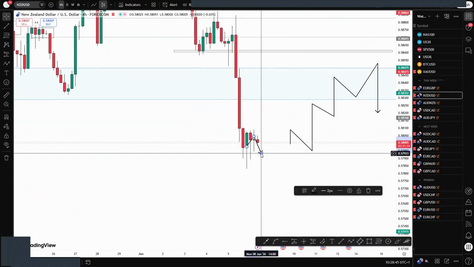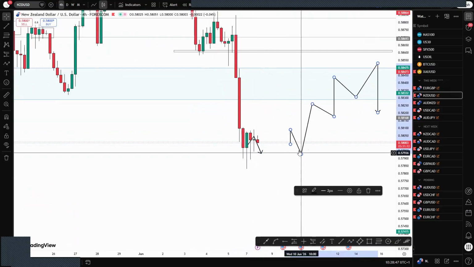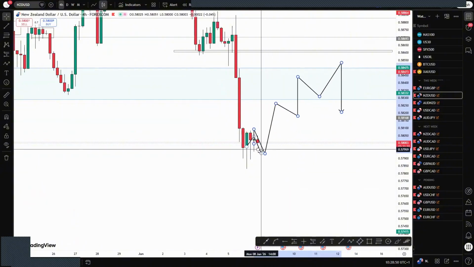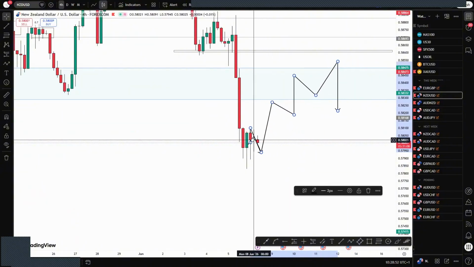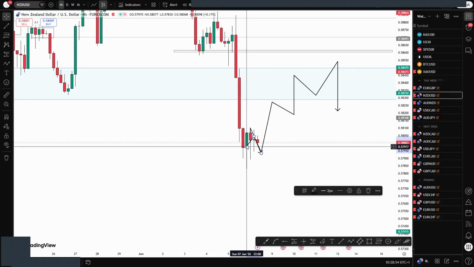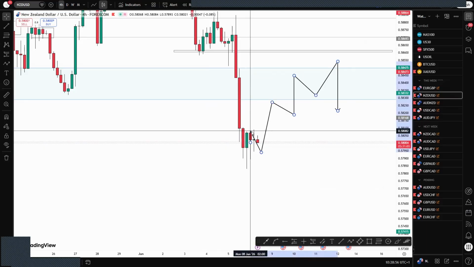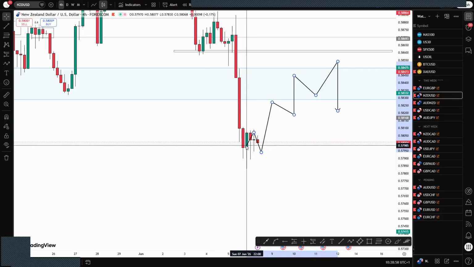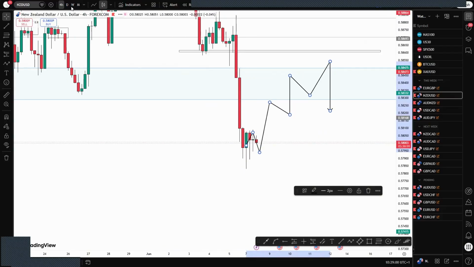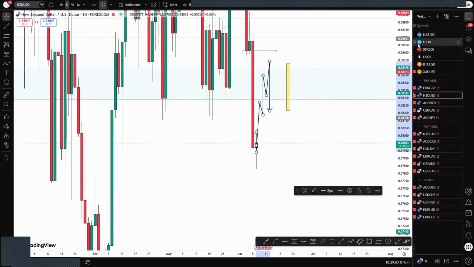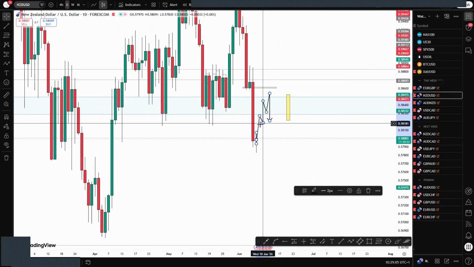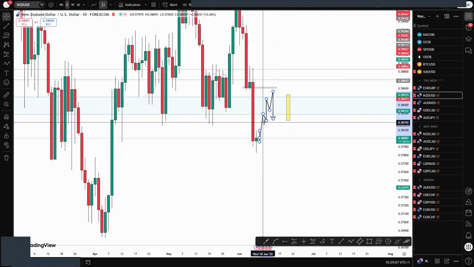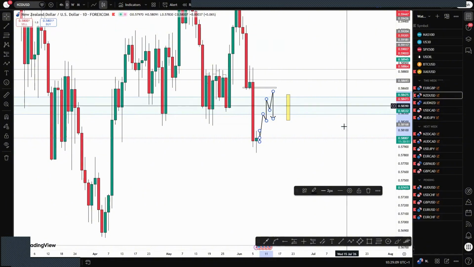You see, so that once we get the shift and the retest at our level there, you'll see that we'll be selling at a very nice position.